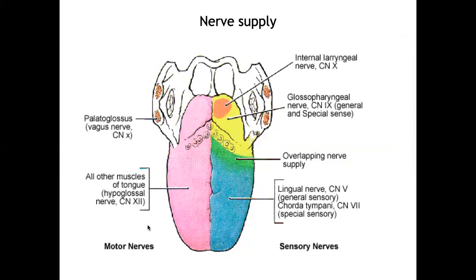As a rule, all muscles of the tongue are supplied by the hypoglossal nerve, the 12th cranial nerve, except one exception. Please remember that this is one of the most important viva questions, except palatoglossus. It is important in vivas and MCQs.